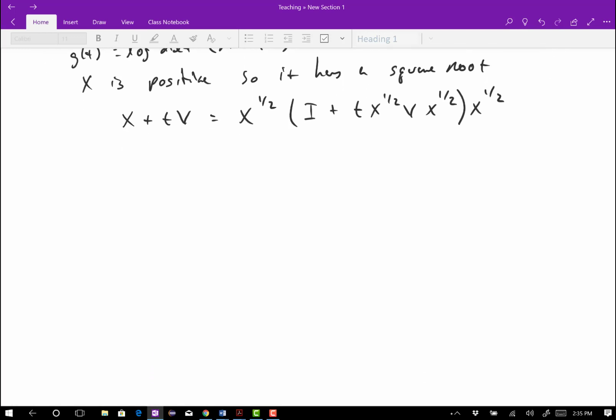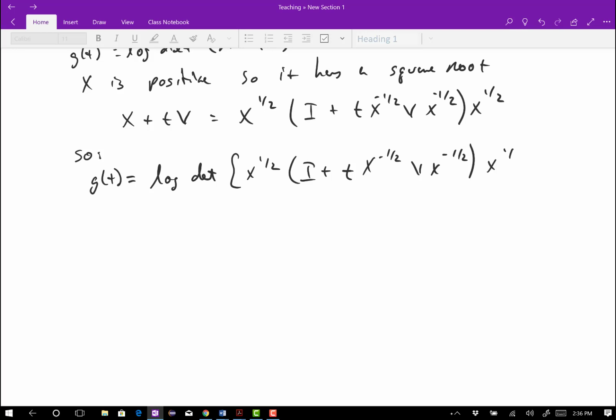So from here, we can write g of t is equal to log det of x to the 1/2, times I plus t x to the minus 1/2 v x to the minus 1/2, times x to the 1/2. And we use the property of the determinant, that the determinant of a product is equal to the product of the determinants.